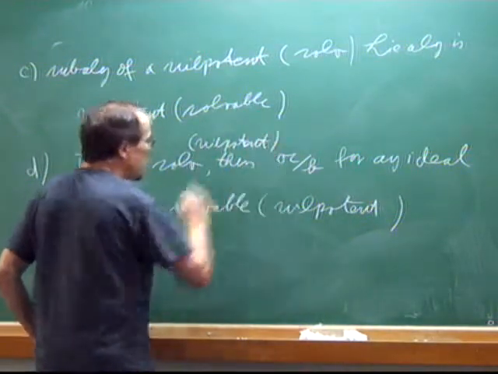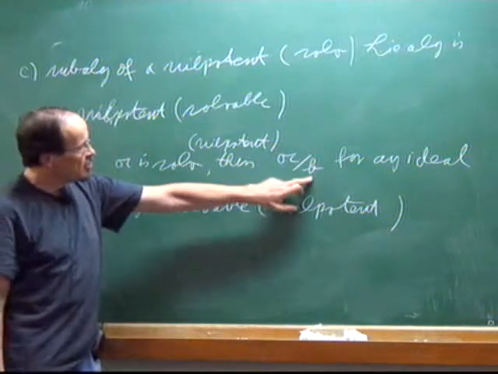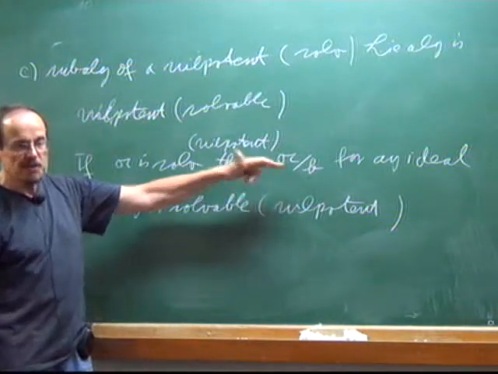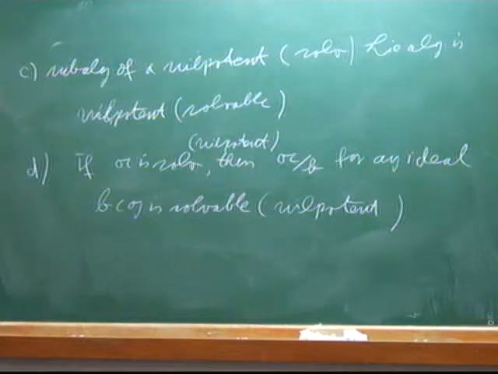So quotient Lie algebras, which I can form if this is an ideal in here, so there's a quotient Lie algebra. So this property descends to a quotient.